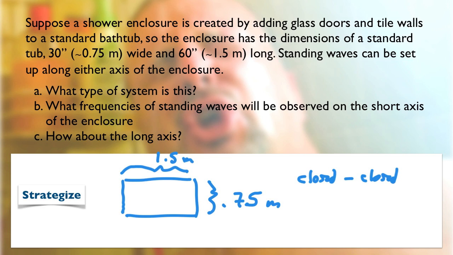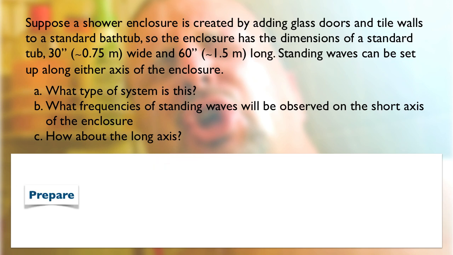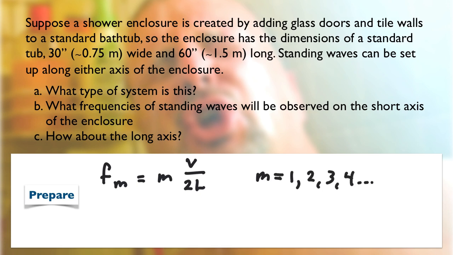And what we're going to do is this: we're going to prepare, and for a preparation step, we'll remember the frequencies of the modes of a closed tube look like this. F_m is equal to m times v over 2L, and that's true for values of m equal to 1, 2, 3, 4, etc. So we're going to get a range of different values.